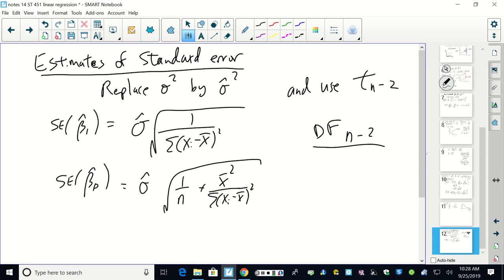we have n observations. And our mean function has 2 parameters, beta 0, beta 1. So we're using up two linear combinations of our y's to get those estimates. Right?